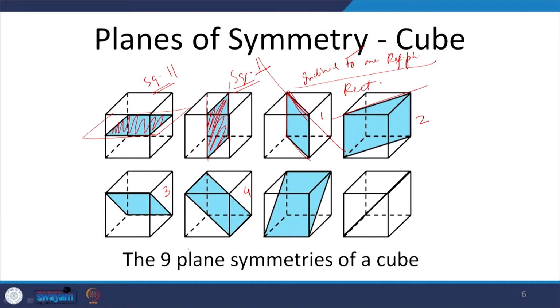In all these cases, and even 5. In 5 it is inclined to both the planes, but essentially since the cube has surfaces that are all perpendicular to the adjacent surfaces, we will get rectangles in all these cases. So, it is simple.